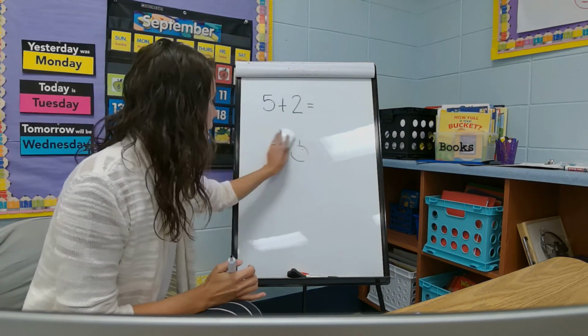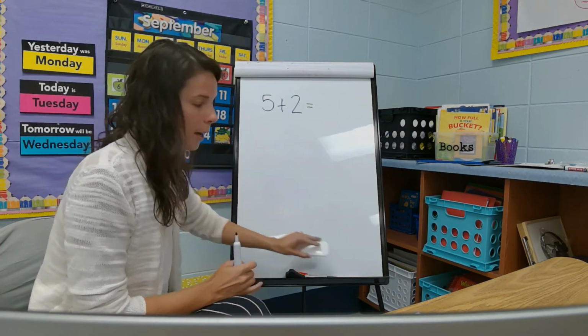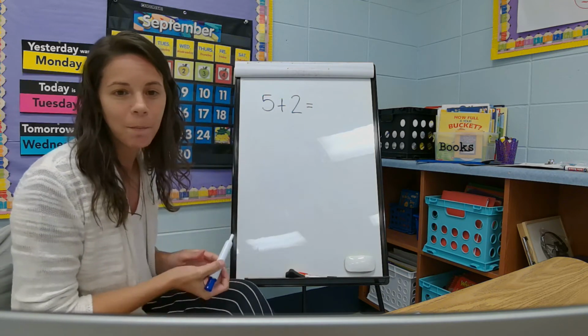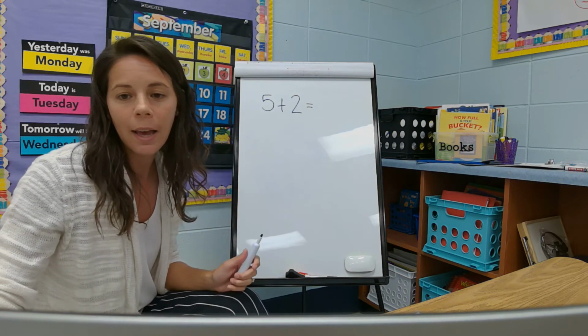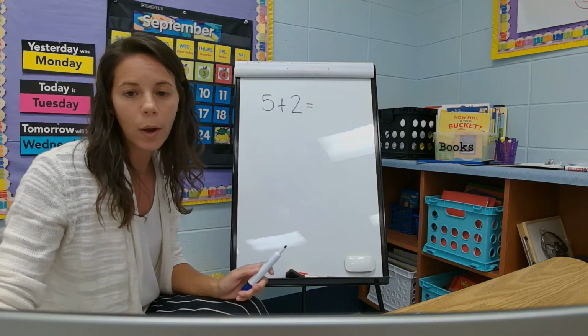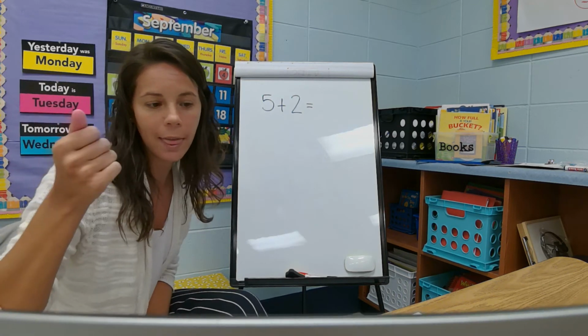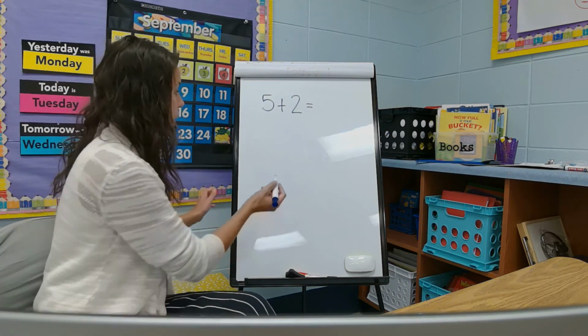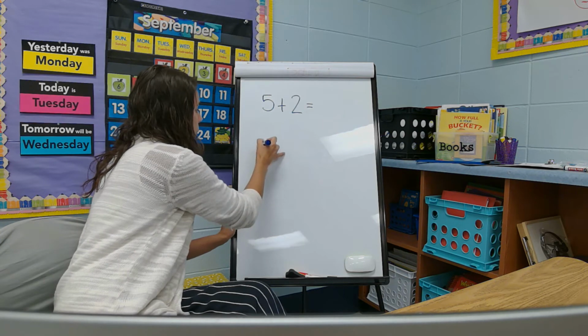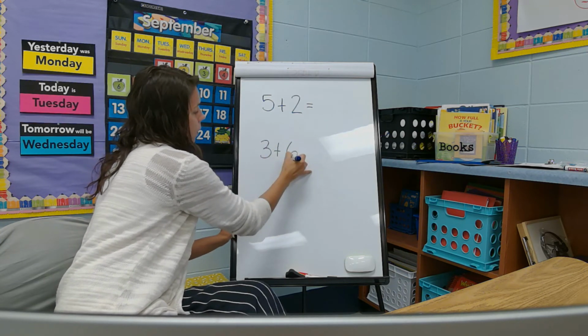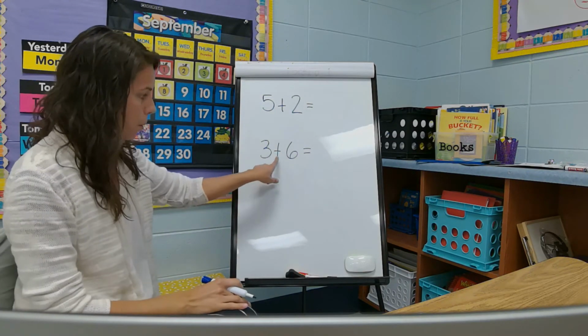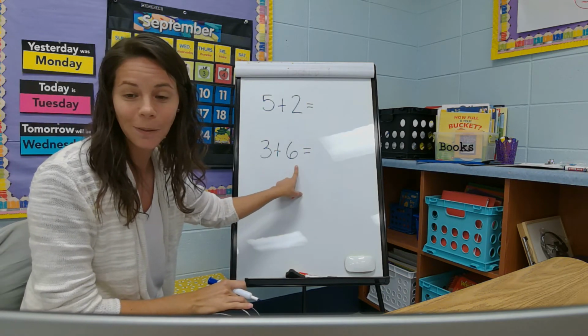All right. So let me go ahead and give you guys another problem. You guys are really good. I can tell you like math. So go ahead and solve this one real quick. Write your number on your board, and then you can flash me the number. So let's do 3 plus 6.